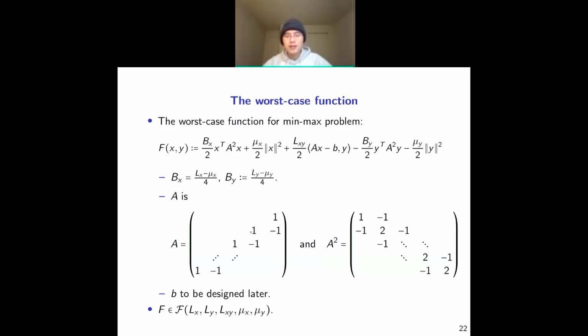So this matrix is exactly the same as Nesterov's worst-case example. And so this A appears in the bilinear coupling term. And we also have this A squared. This is something quite different from Nesterov's example. So we have this A squared in these quadratic terms, and it has this form.